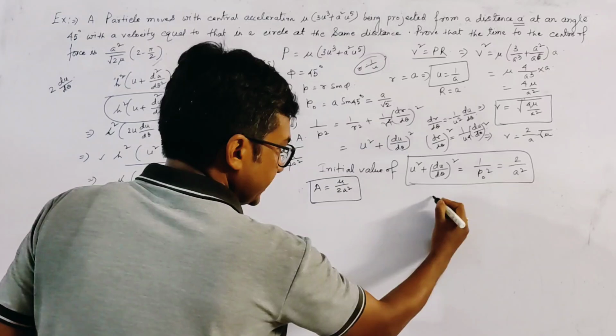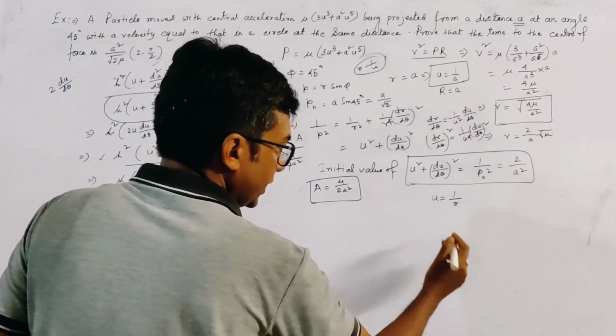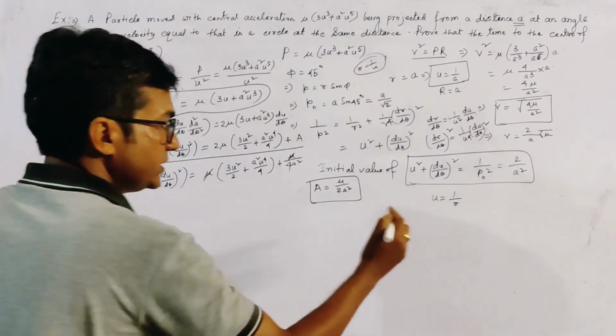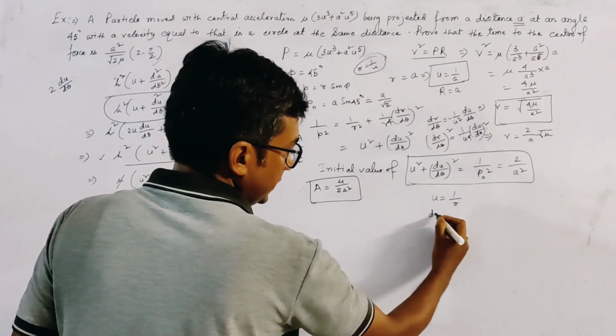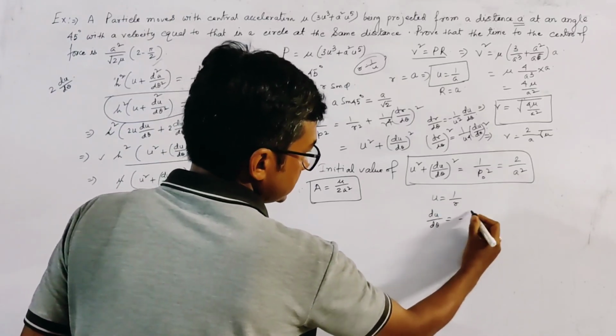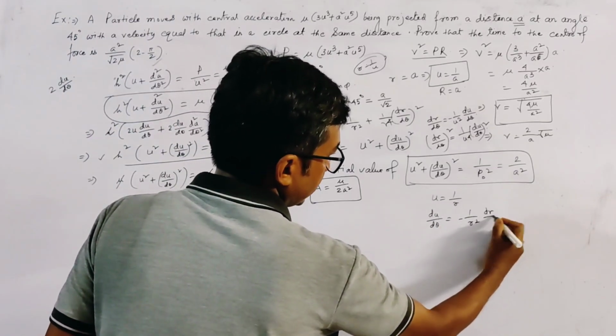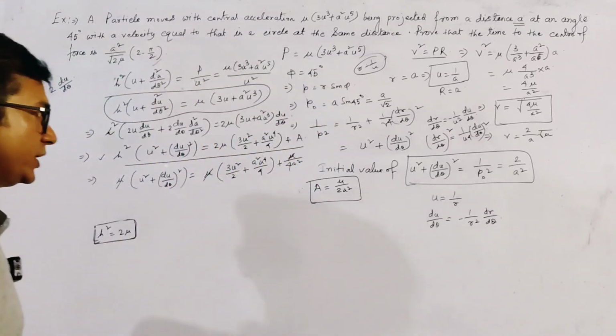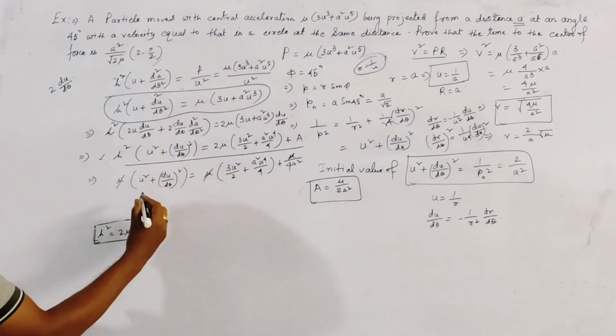Now we let u equal to 1 by r, we already found this result, and du d theta equal to minus 1 by r square dr d theta. Okay, we put these two results here.